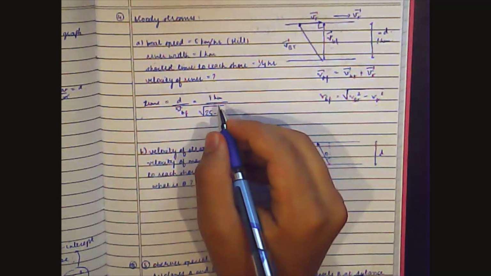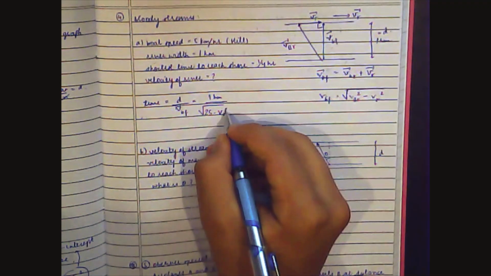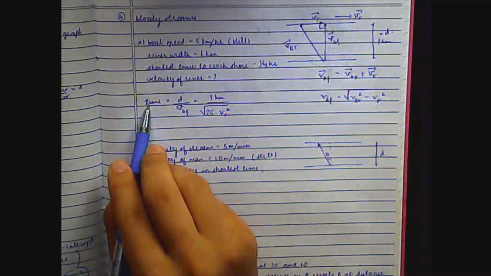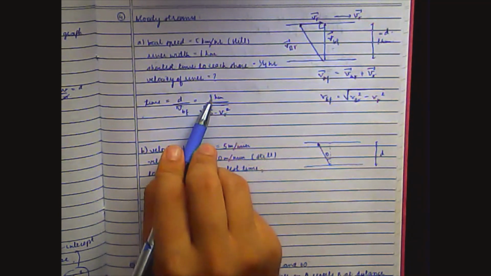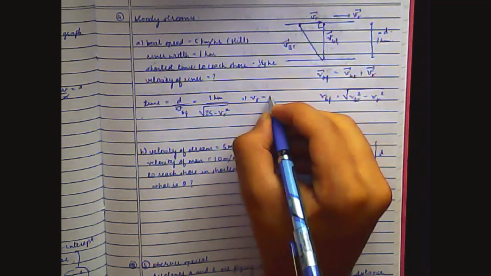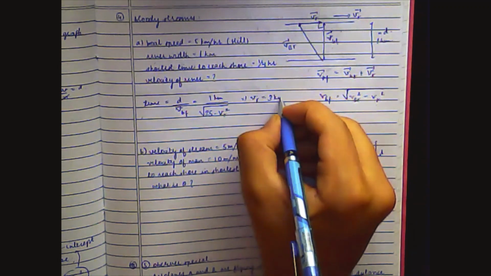VR square is what we have to find out. So you put in the time, you put in this, and you get VR as basically 3 kilometers per hour. This is the answer.